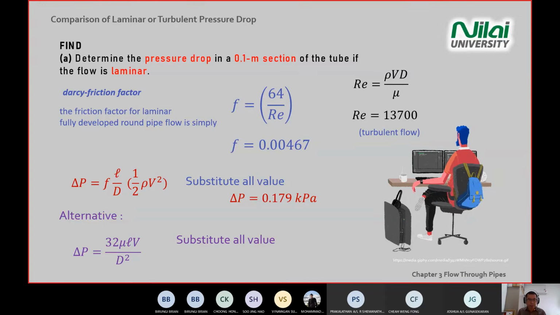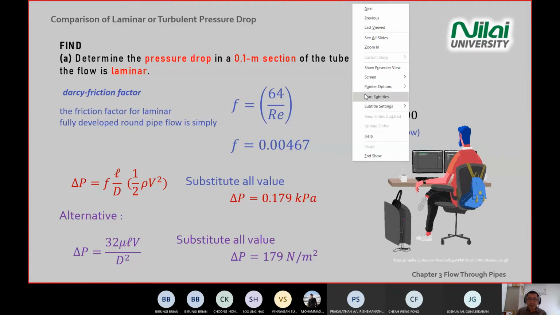All right, you substitute all the values, you will still get the same value, which is 0.179 kilopascal, or if you take out the kilo, you'll get 179 Newton over meter square, which is equivalent to Pascal. So in the exam, if the exam doesn't state either Pascal or Newton per meter square, both answers are also correct.